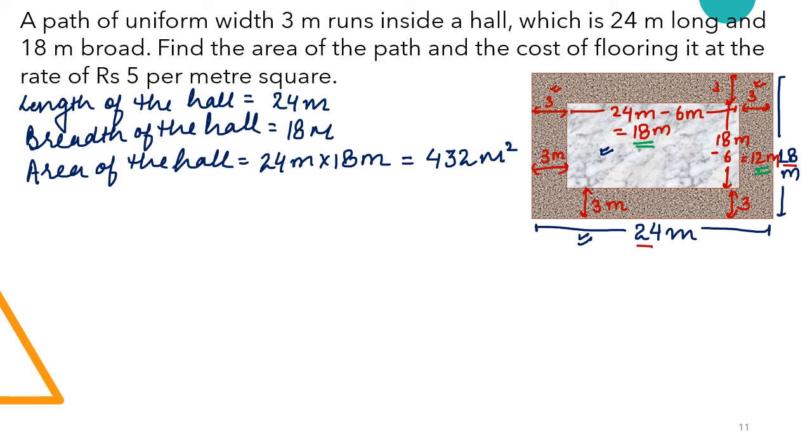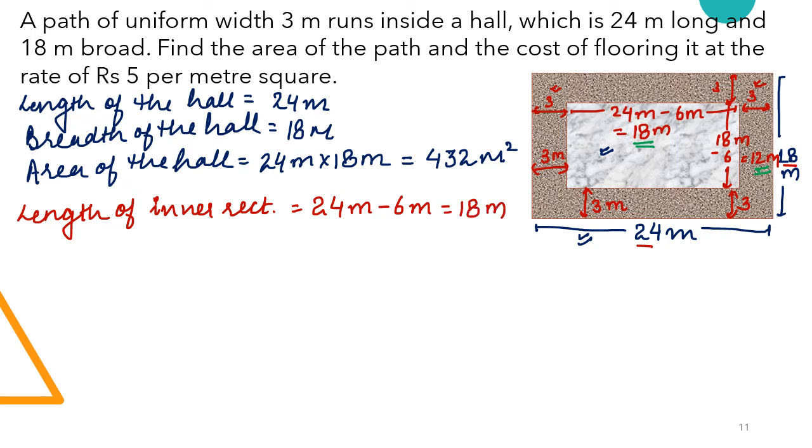Now, length of inner rectangle is 24 meter minus 6 meter, that is 18 meter. Breadth of inner rectangle will be 18 meter minus 6 meter, that is 12 meter.